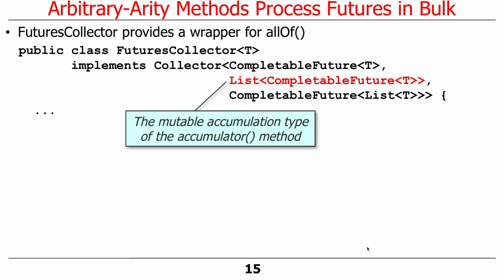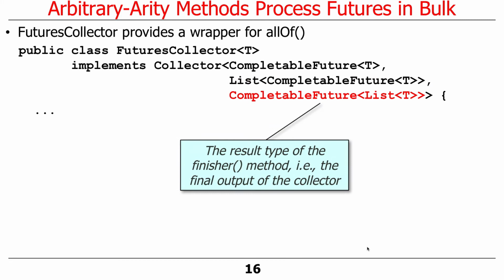So it's a list of CompletableFutures. And here's what gets returned when we're all done. So when collect is finished with its collector, you will get back a CompletableFuture to a list of T. Notice how we took in a stream of CompletableFuture to T, but we get back a CompletableFuture to a list of T, which is much easier to work with because it's much easier to work with a list of something than a list of CompletableFutures of something. So that's what's returned by something called the finisher method.